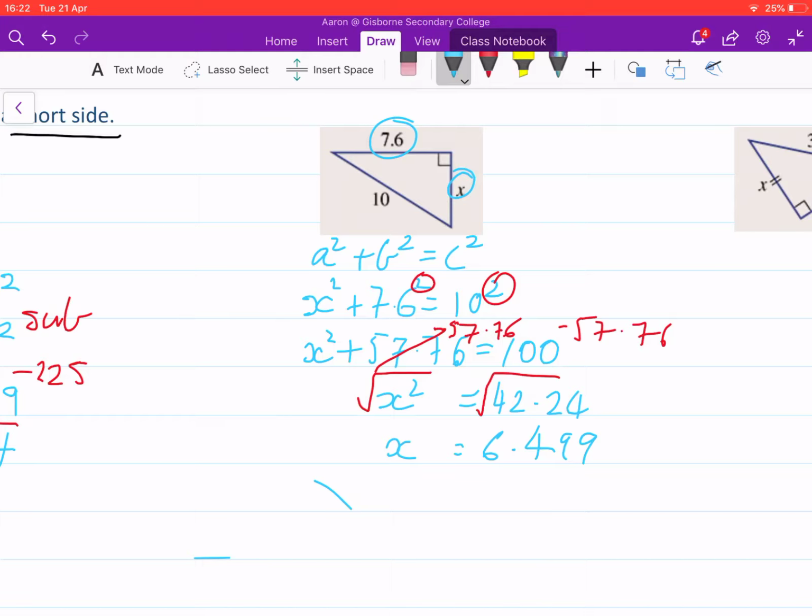Okay, that's rounded to 3 decimal places. If we wanted to keep it as an absolute figure, we would have to keep it as the square root of 42.24.